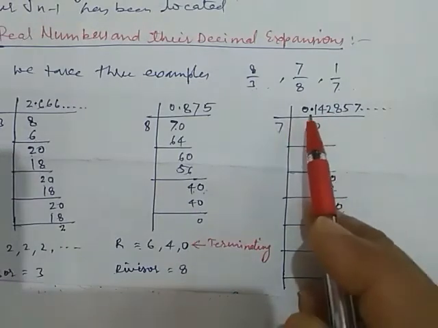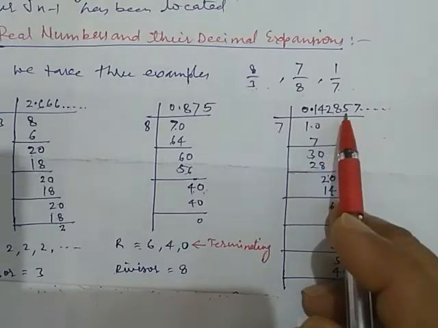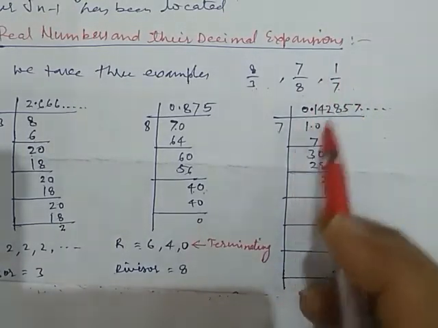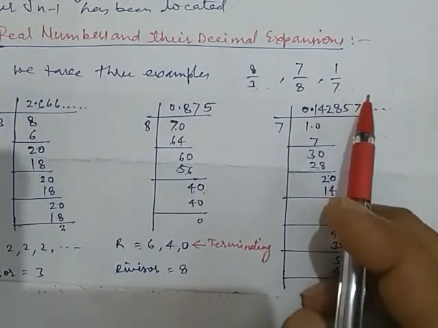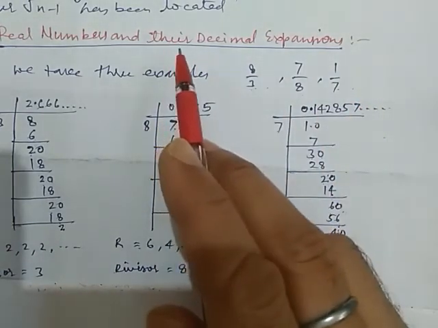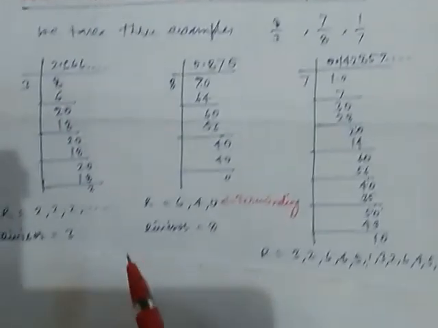Okay, so non-terminating repeating decimal. So this is a rational number, and here we check this can be written as 1/7. Okay, so this way we can change our real number into decimal expansion.